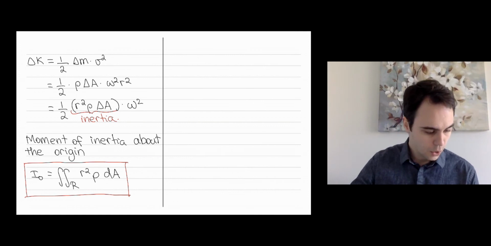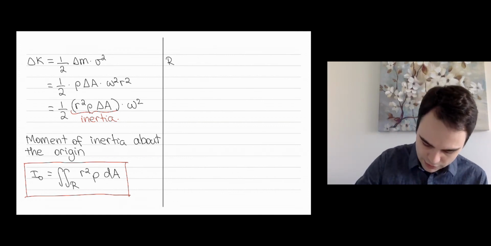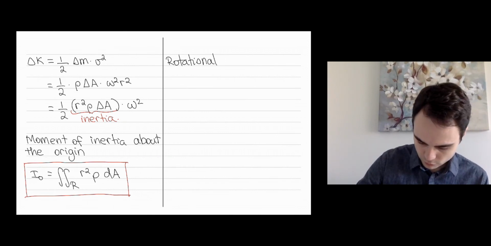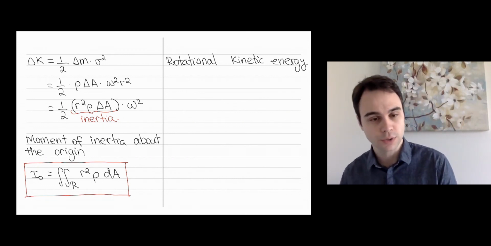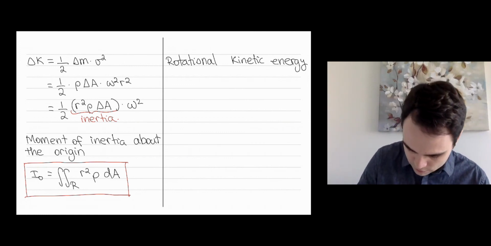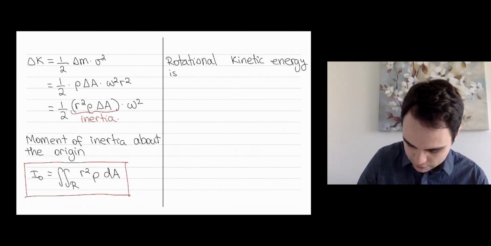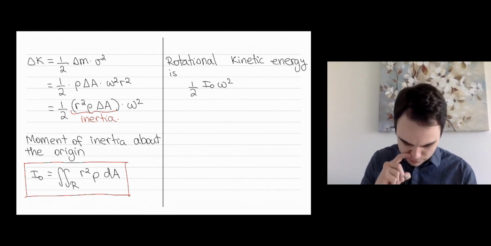So with this definition, the rotational kinetic energy, the amount of energy you need to get the object moving with angular speed omega, is a half of I_0 times omega squared.